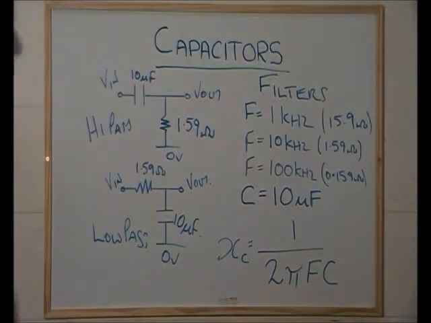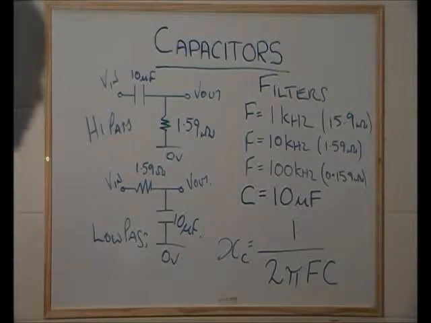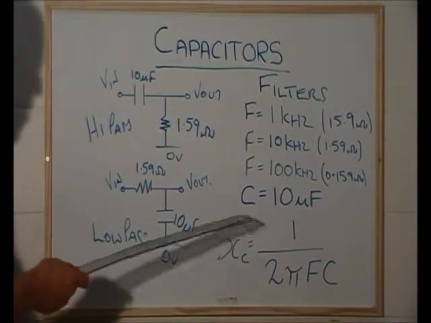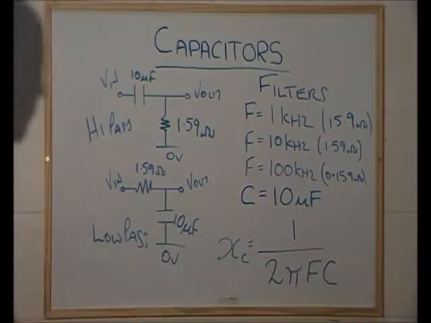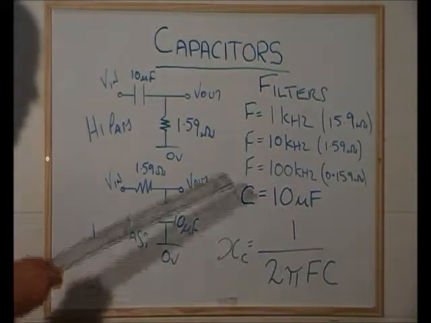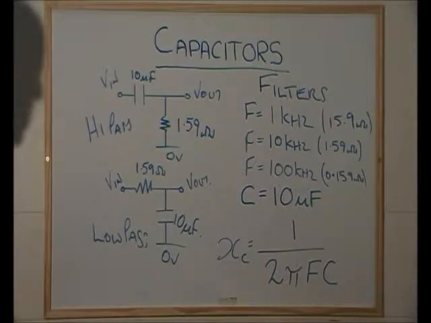Okay, let's look at how our circuits react at different frequencies. Using a value of 10 microfarad for the capacitor, let's present the high pass filter with a 1 kilohertz signal.